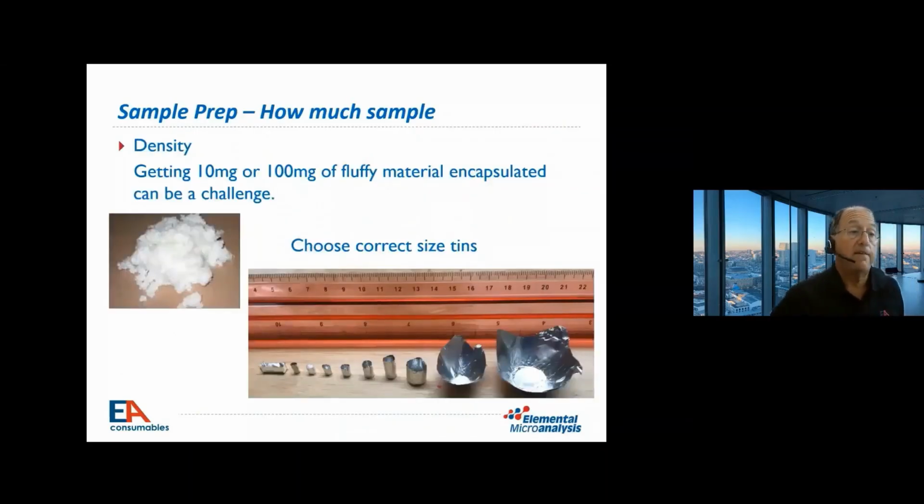Also, the density of the sample can be part of the determination. Getting 10 milligrams or 100 milligrams of a fluffy material in a capsule can be a challenge. Yes, you can choose different sizes of, in this case, tin capsules to encapsulate the sample, but you also have to be aware that your analyzer will have a specific autosampler size and may not be able to take the larger sample sizes.